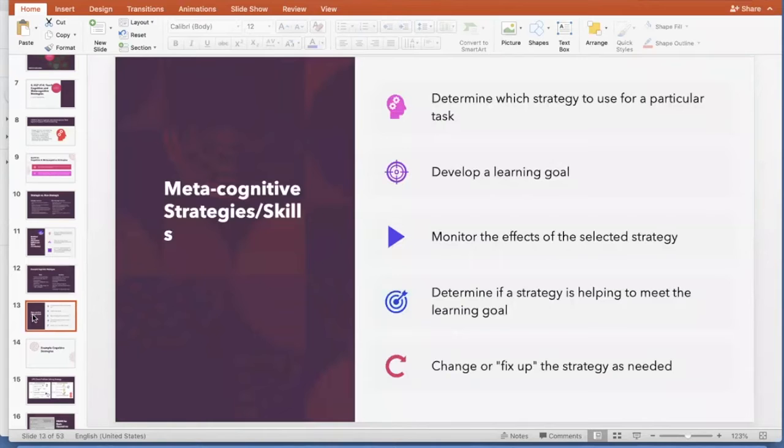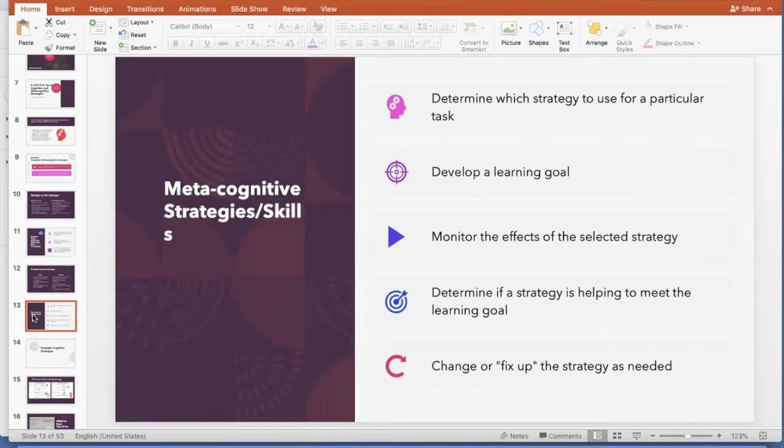And metacognitive strategies or skills are the processes that we use as we're using cognitive strategies. So things like determining which strategy is the best one to apply to a task. Coming up with a goal, like figuring out what the end goal is for a task or a problem.